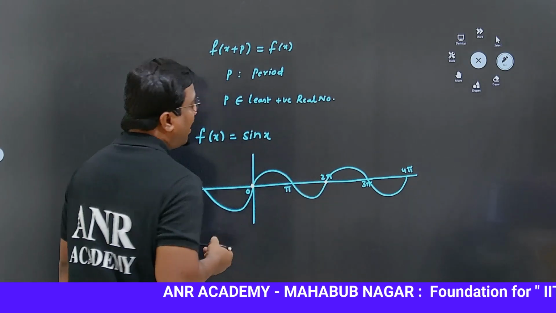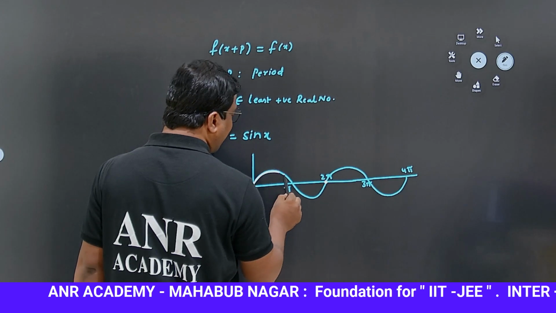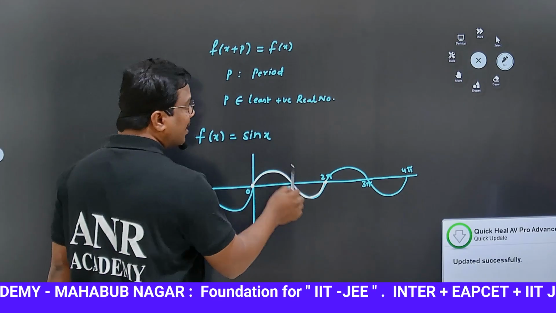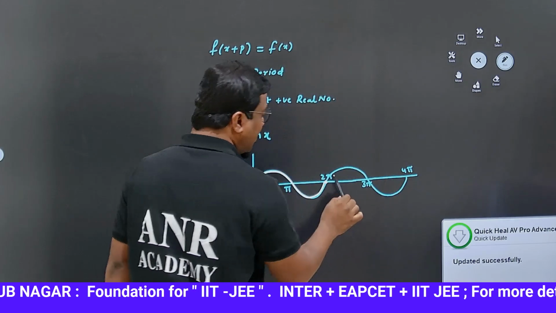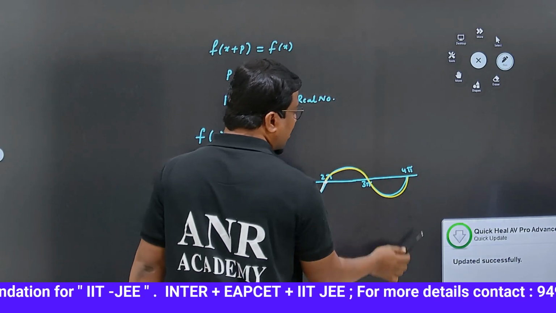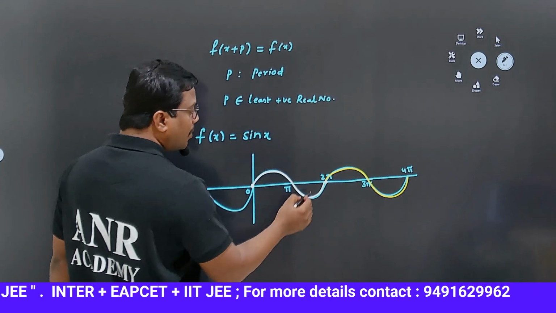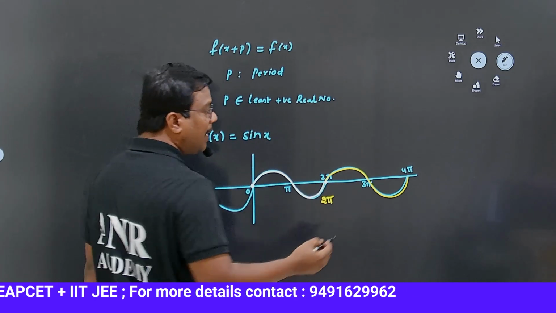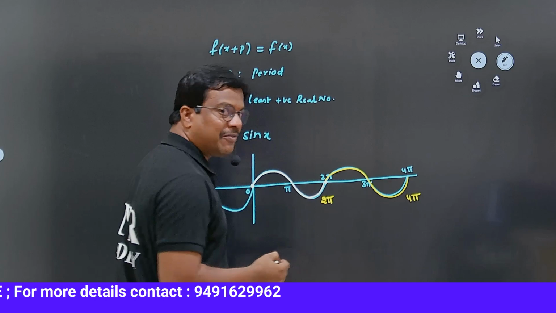you have at x equal to 2 pi, and in regular intervals it repeats the values. Up to 0 to 2 pi, whatever the graph you have, the same graph repeats in the next regular intervals in this way, so that 2 pi is the period of the function, and it also repeats the functional value at 4 pi.